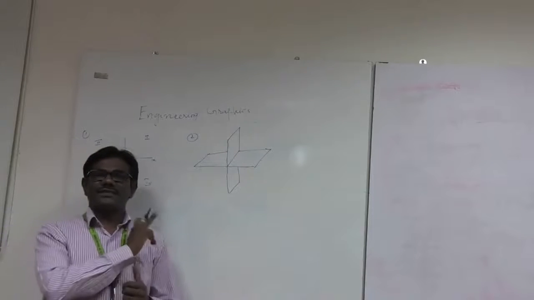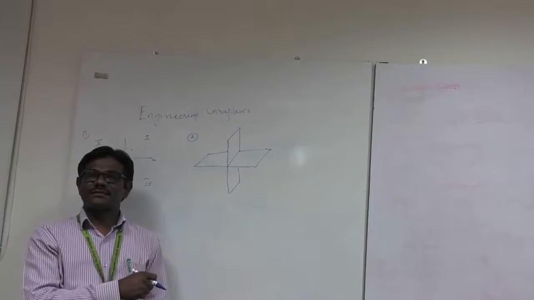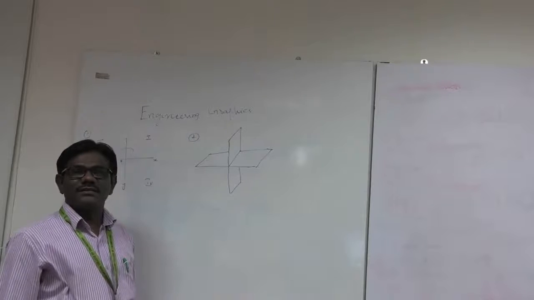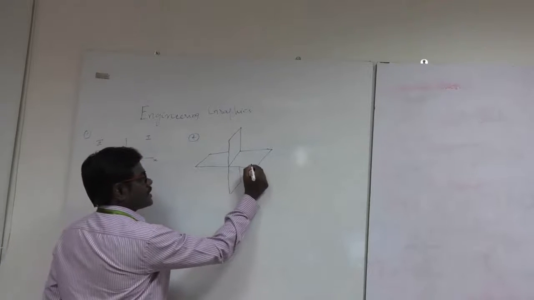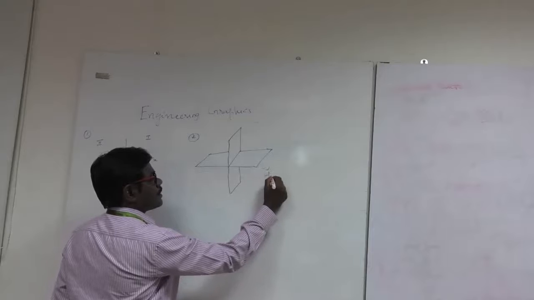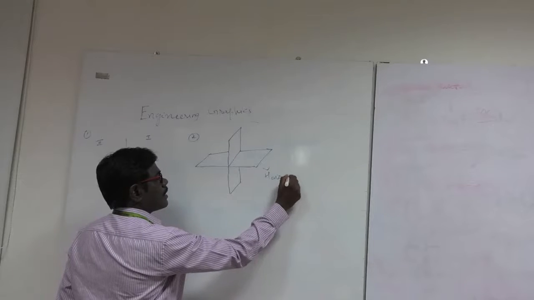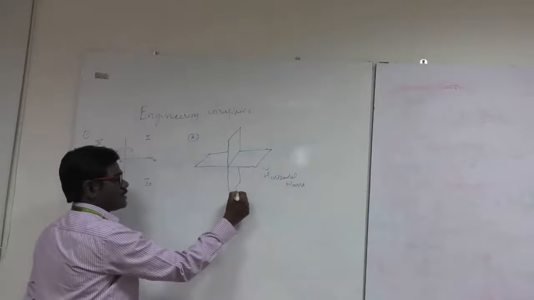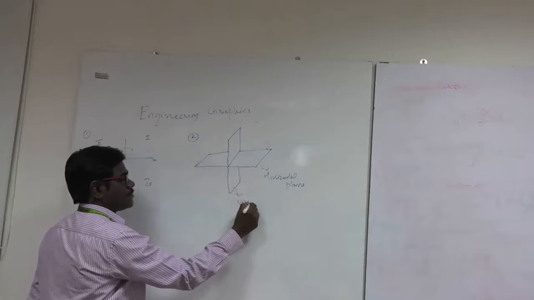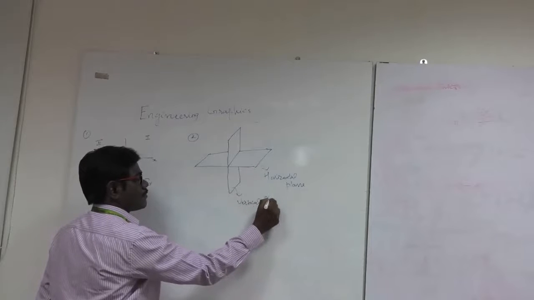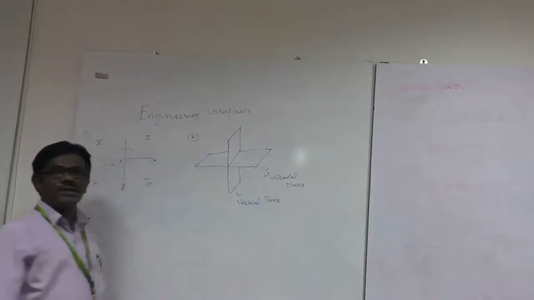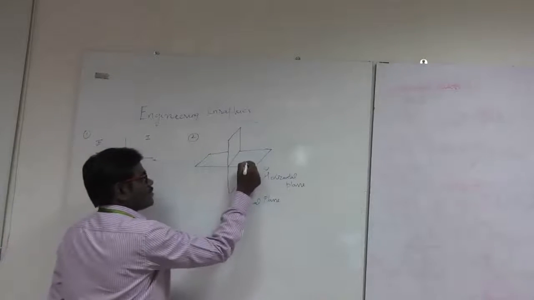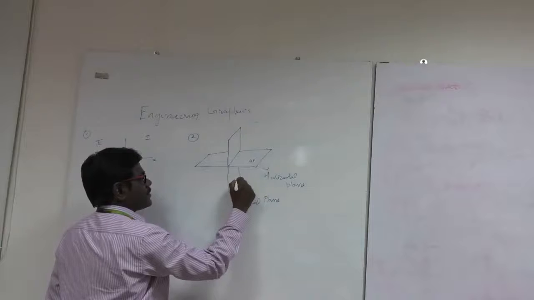I just converted this axis into planes. Now, when I convert this axis into planes, this is called the horizontal plane, and this is called the vertical plane. Shortly, we will say this is HP and this is VP.